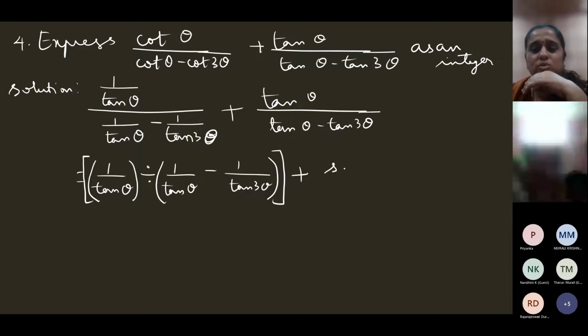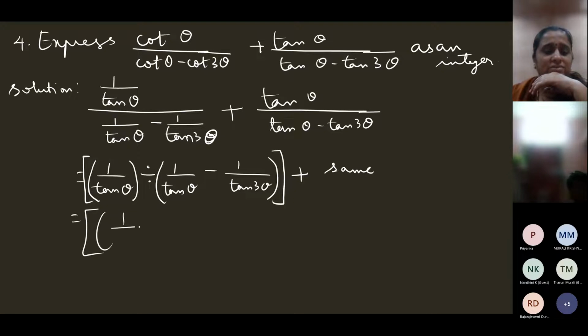That same thing will come down. Write tan theta by tan theta minus tan 3 theta. Whenever it's a fraction divided by a fraction, I like to write it like this: 1 by tan theta is the numerator, divided by this, the denominator. So it's going to be 1 by tan theta as it is.